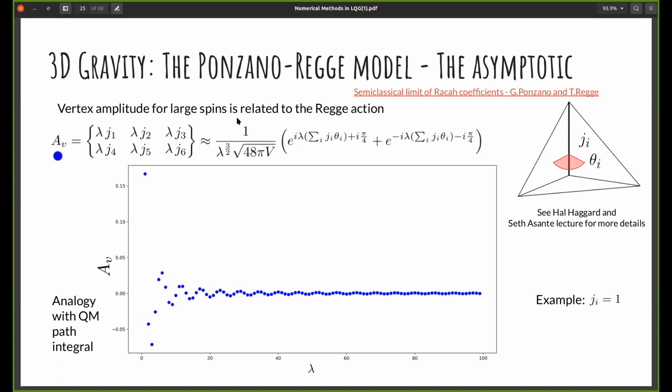So what's this result? If you take the 6J symbol and you look at how it behaves under homogeneous rescaling of all six spins, here I introduced explicitly a scale lambda. So lambda is an integer.